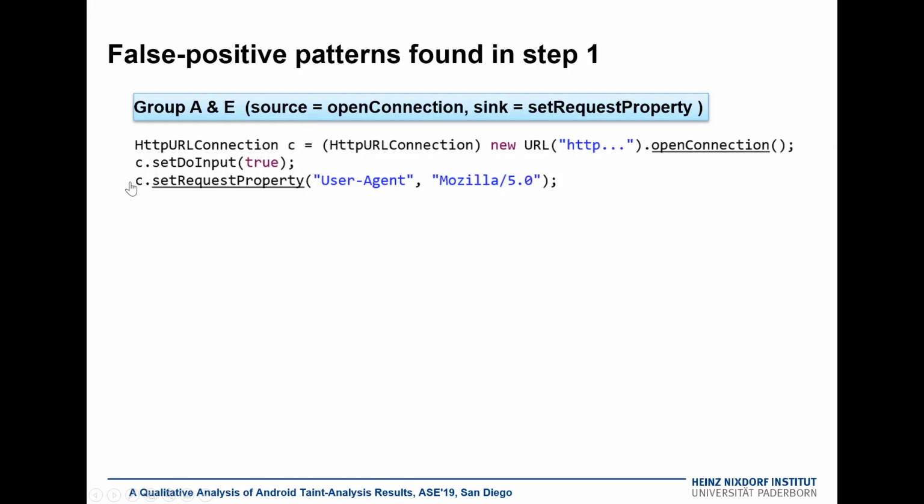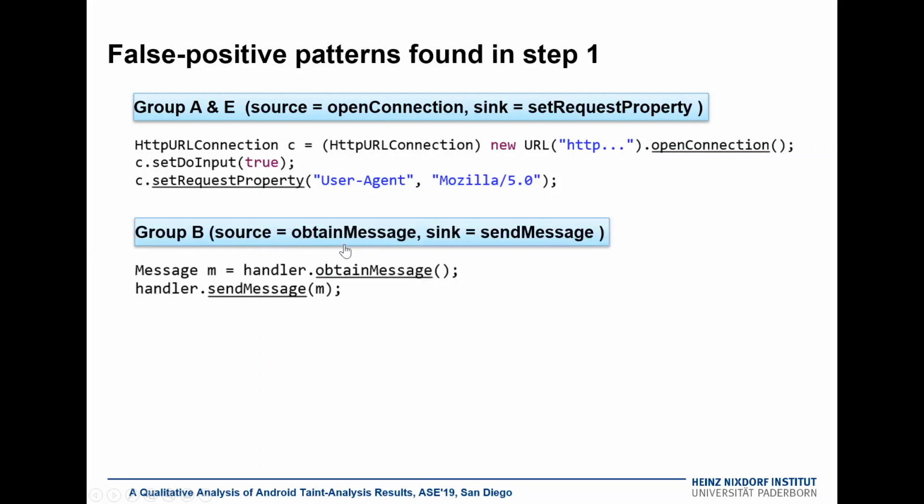The sink only sets the general properties of an HTTP request. So this source-sink pair combination doesn't constitute a leak, since the connection is not even opened when only calling openConnection. One has to call connect or another equivalent method to initiate the communication. So this is a false positive.